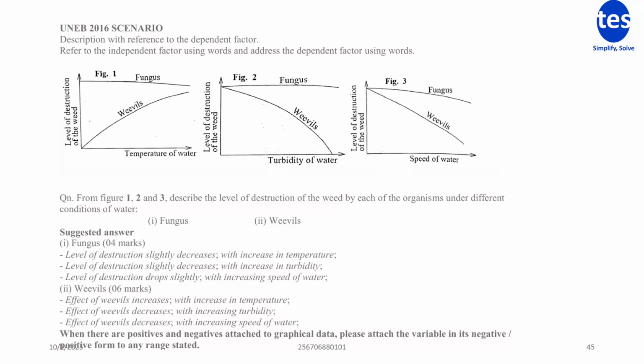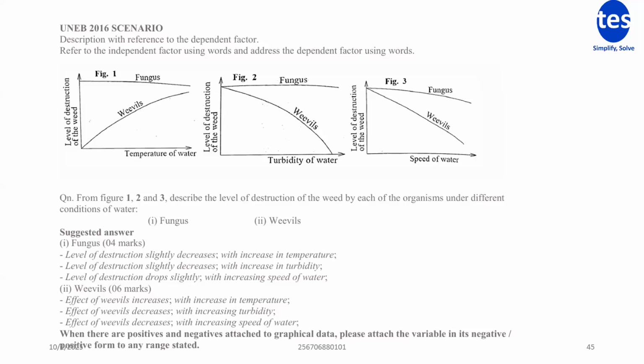In figure 1 of the fungus, we could say level of destruction slightly decreases. Here they use the word slightly, but remember I've said that for us we use gradual. So here you could say level of destruction gradually increases with increase in temperature.